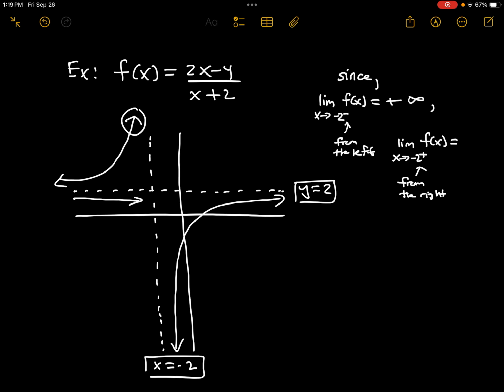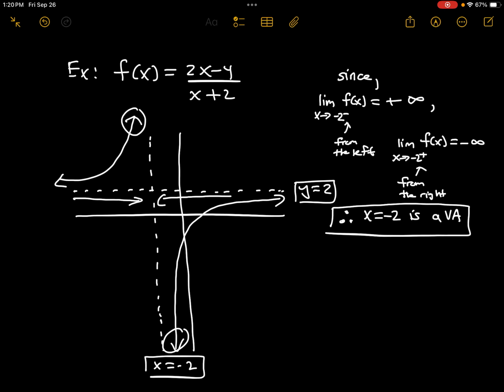So you could say, since f of x is going to positive infinity as x approaches -2 from the left, and the limit as x approaches -2 from the right of f of x equals -infinity, then you can say, okay, therefore, x equals -2 by definition is a VA. Okay, so you can read that definition on your own, but this is how you would describe a vertical asymptote using limit notation. Basically, f of x has to approach positive infinity as x approaches some number from the left, and f of x has to equal -infinity as x approaches some number from the right.